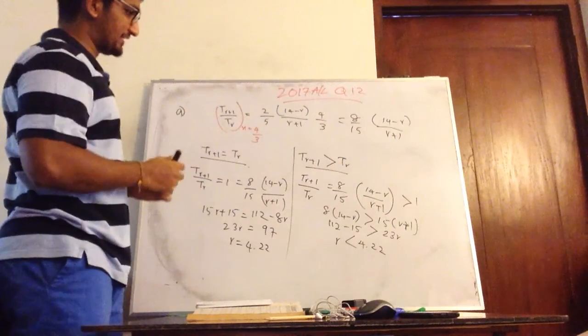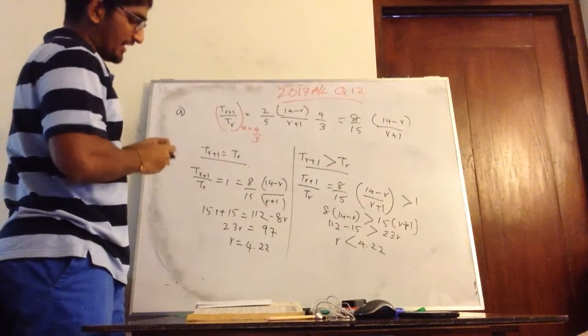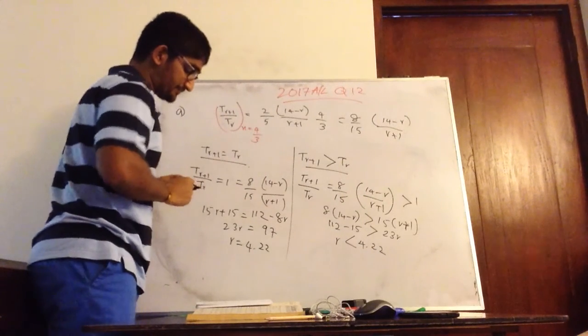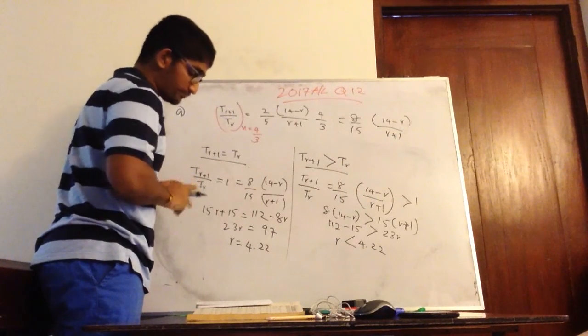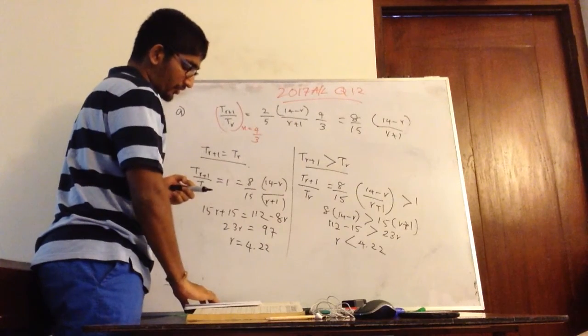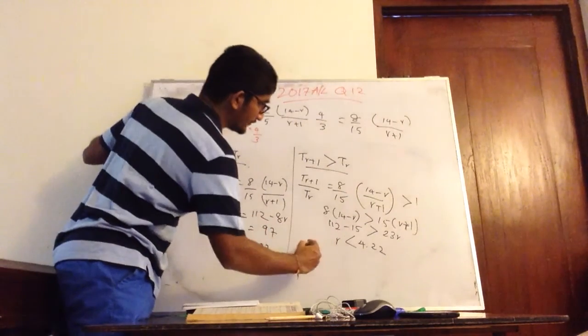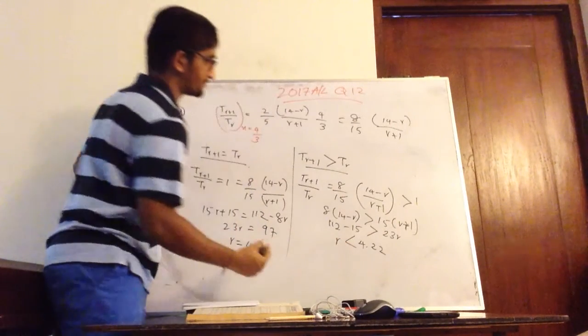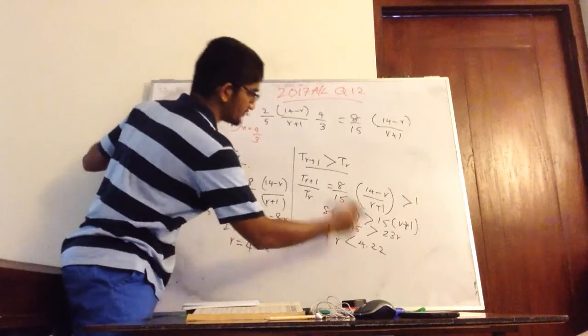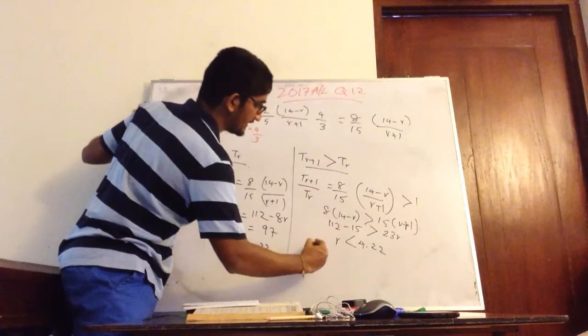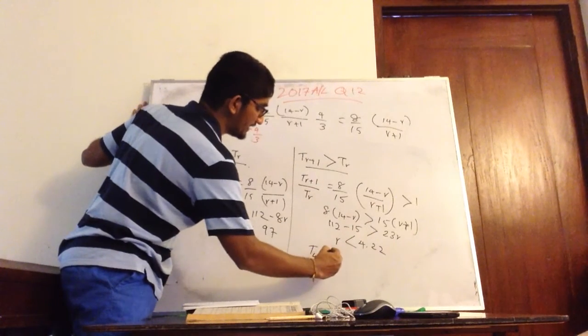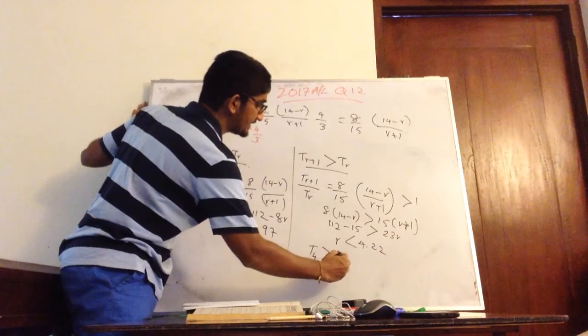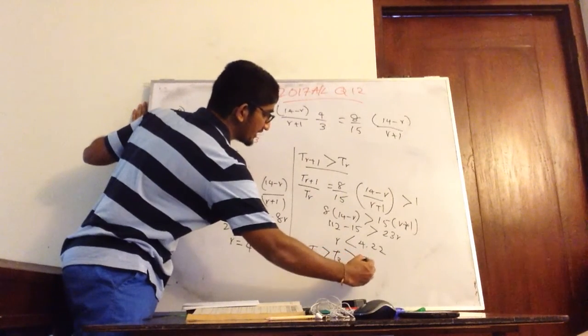So if I make this more clear, it basically says that T4 will be greater than T3, and T3 will be greater than T2.